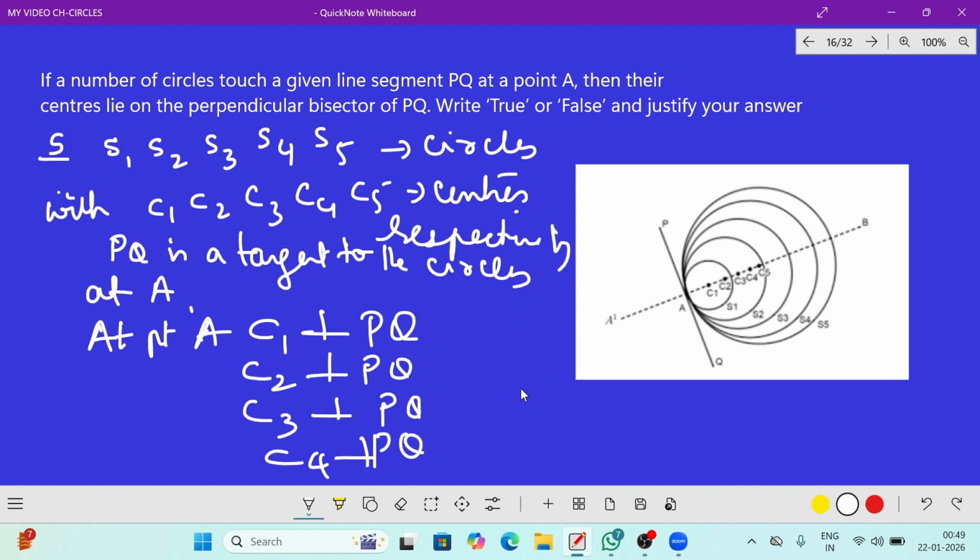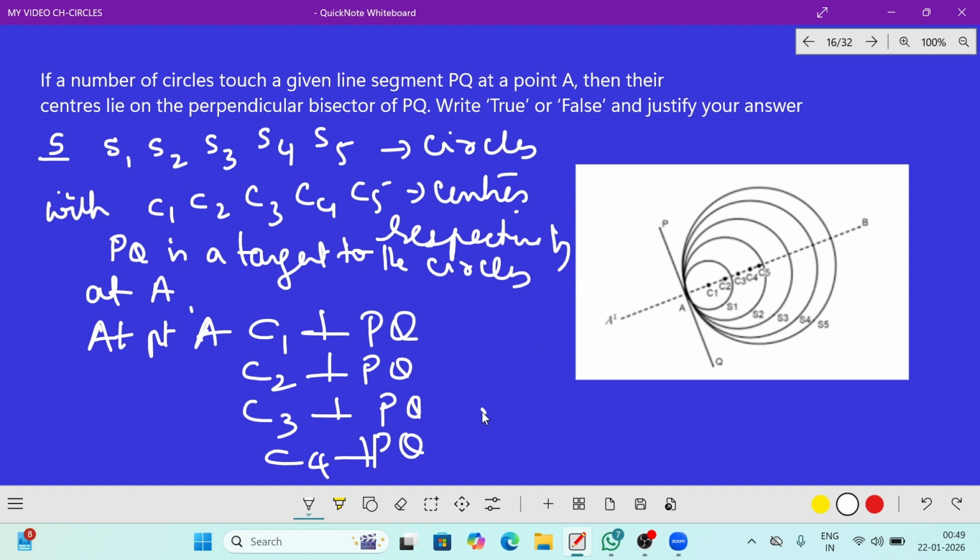Then all the C1, C2, C3 lie on the perpendicular line to PQ. These centers C1, C2, C3 all lie with the centers of the circle. They lie on the perpendicular line to PQ, but not on the perpendicular bisector of the line PQ.